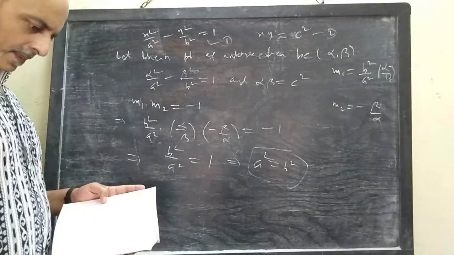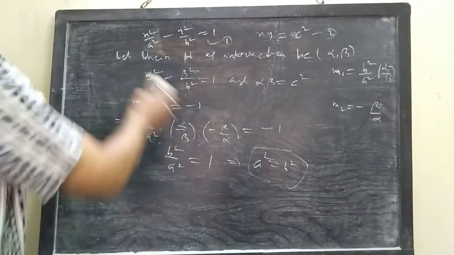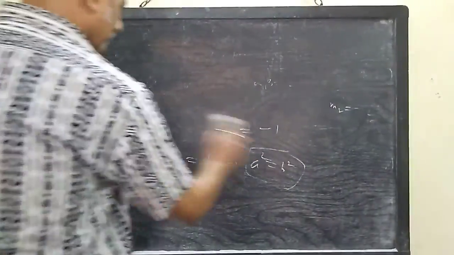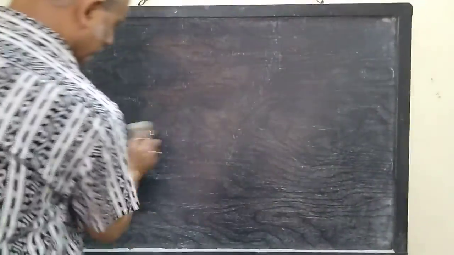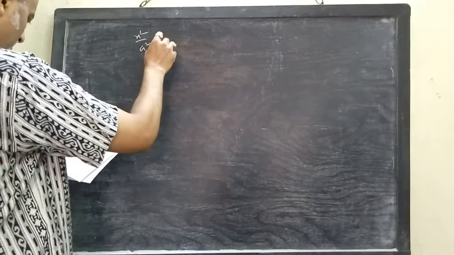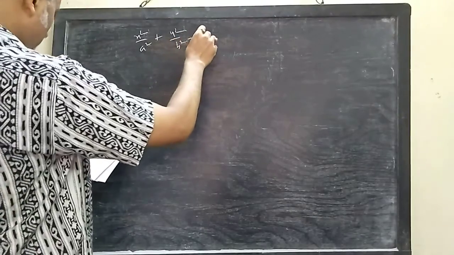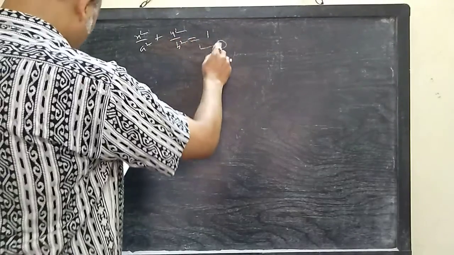Okay. Next question. Here the given curves are, first one is x square by a square plus y square by b square equals 1. This is number 1.